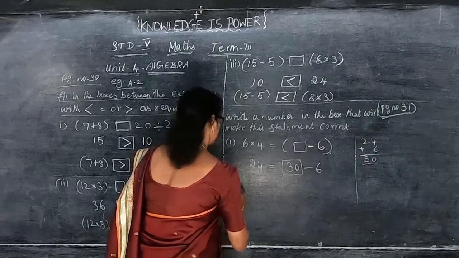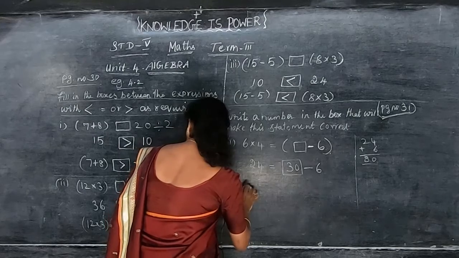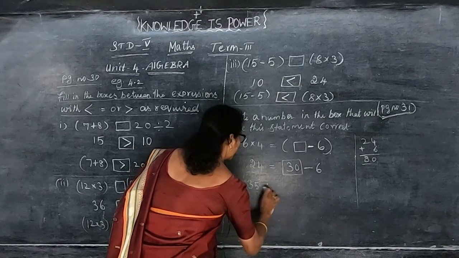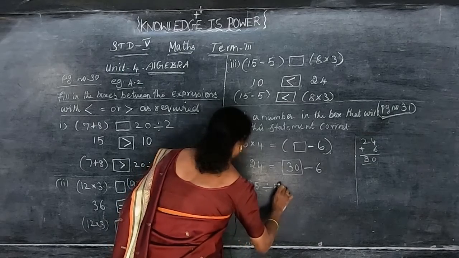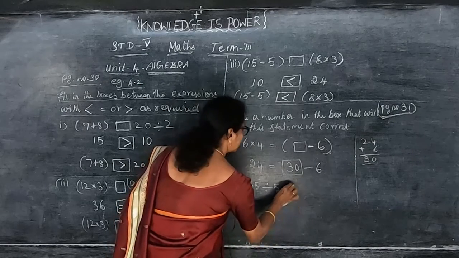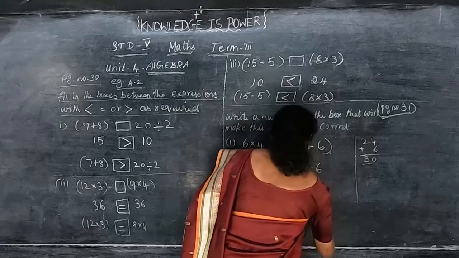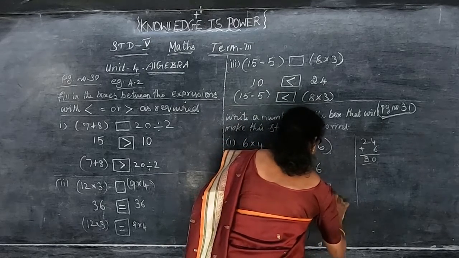Now the second one, 35 divided by 5, less than bracket 2 plus box.